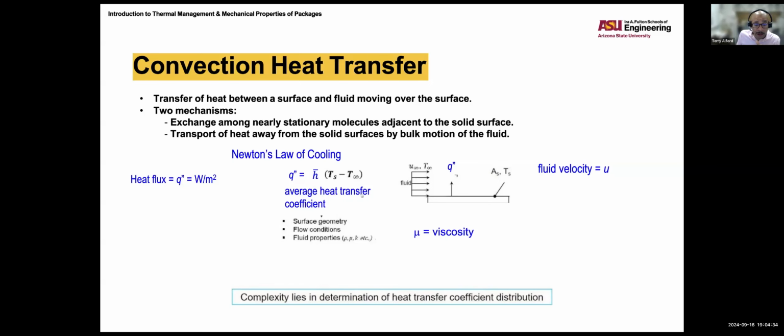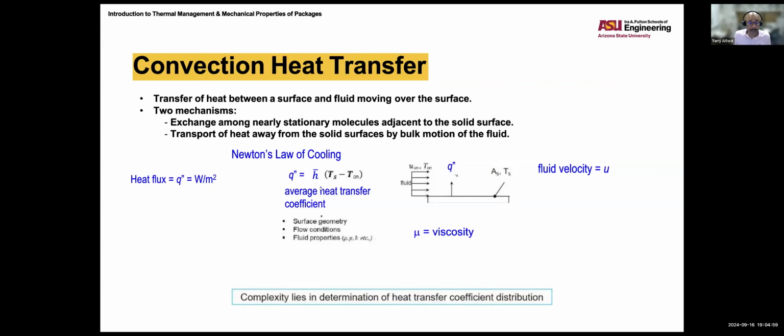The factor that gives us the heat flux is the average heat transfer coefficient. This is different from the thermal conductivity of the solid. So when you hear heat transfer coefficient, you know we're talking about convection. If we're talking about convection, we want to utilize the heat transfer coefficient.